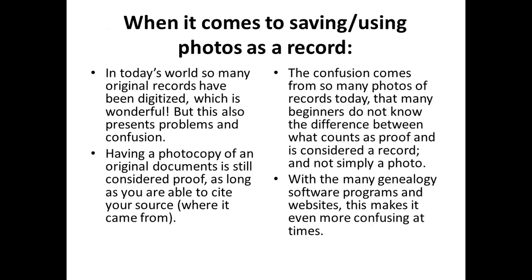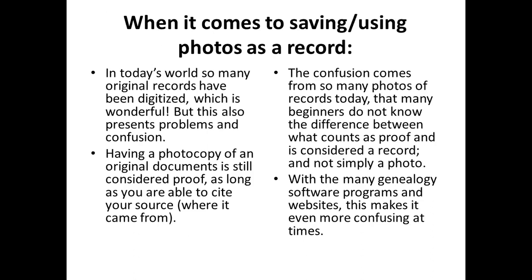Now, this is something that has come up a lot lately, especially since so many people are using online sources, when it comes to saving and using photos as a record. In today's world, so many original records have been digitized, which is wonderful, but this also presents problems and confusion.